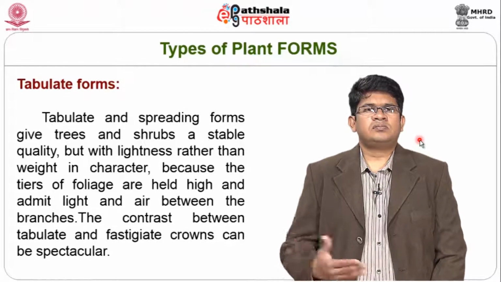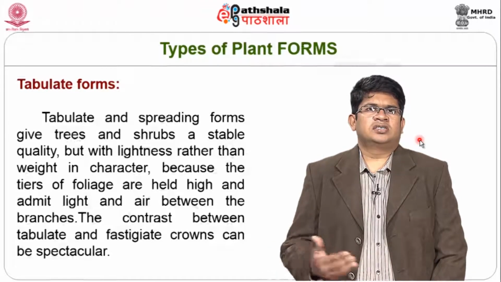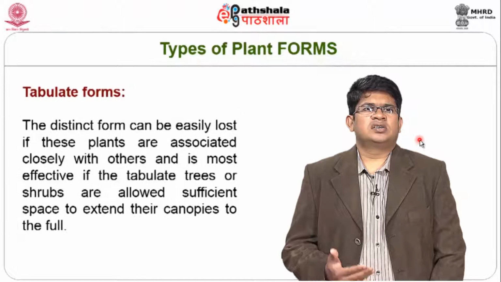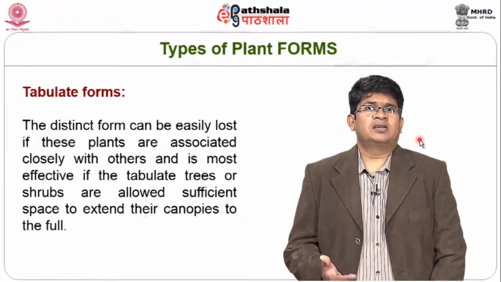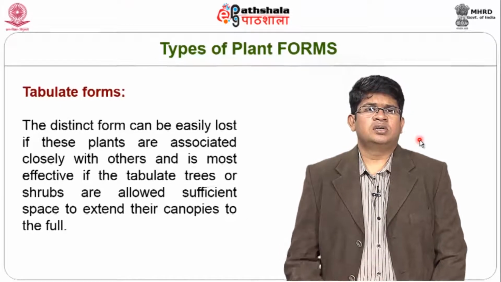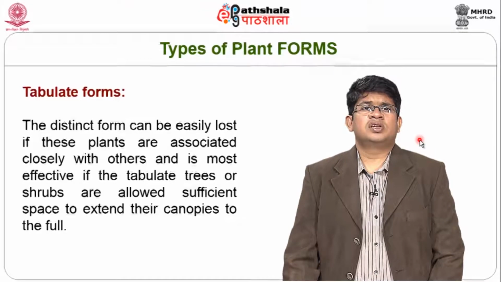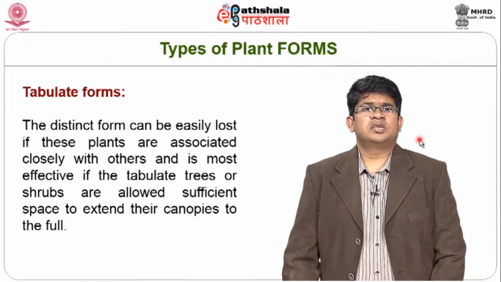So with the right usage of tabulate and fastigiate forms, we could create a very interesting planting mix, and the visual character can become very extraordinary. It can be very striking as well. The distinct form can be easily lost if these plants are associated closely with others, and it is most effective when the tabulate trees or shrubs are allowed sufficient space to extend their canopy.